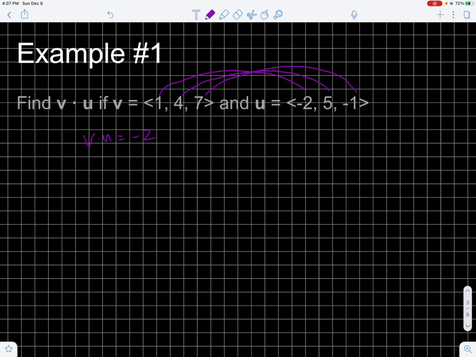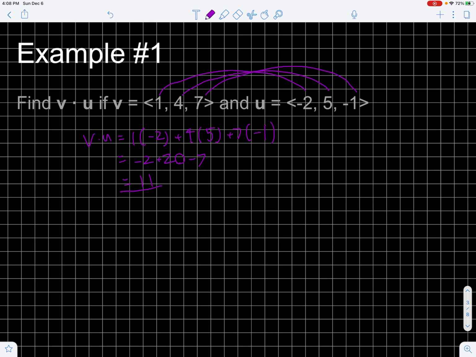So v dot u equals 1 times -2 plus 4 times 5 plus 7 times -1, which is equal to -2 plus 20 minus 7, which is equal to 11.